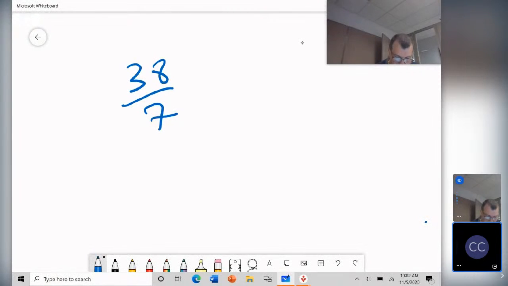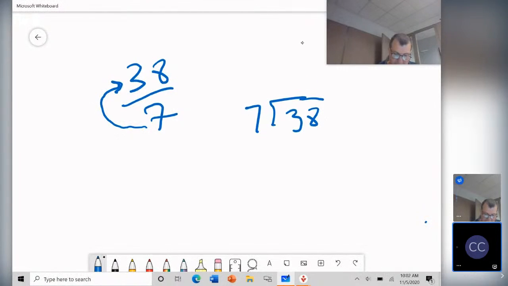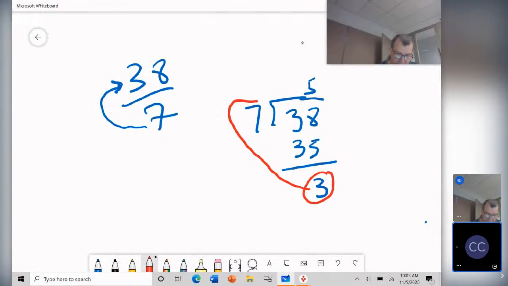So for this one, same thing. We're going to divide the 7 into 38. That's 5 times. 5 times 7 is 35. And the remainder is going to be 3. We take this remainder and we put it over the denominator. So it's going to be 5 and 3/7. Okay?